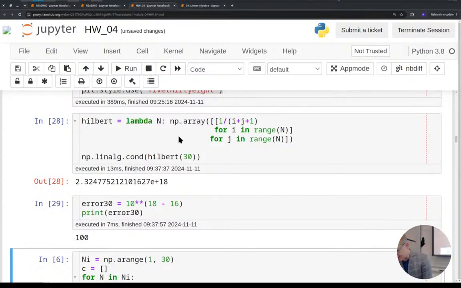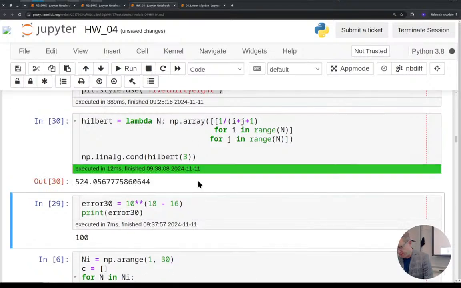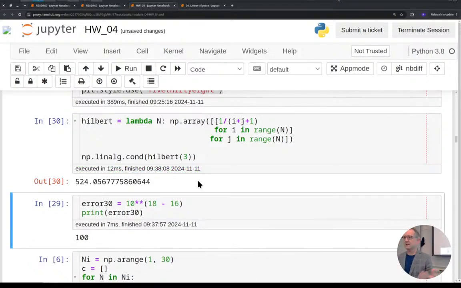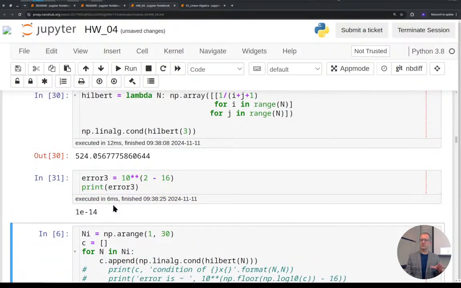And then versus that 3 by 3, we had like 500, so it's 5 times 10 to the 2. So for the error of the 3 by 3, it's not 18, it's 2. So now we're talking errors of around 10 to the negative 14. And that's why I say the bigger the condition number is, the more error you can have. It's not that the error will be that number, but you have to expect that it could be up to that number.